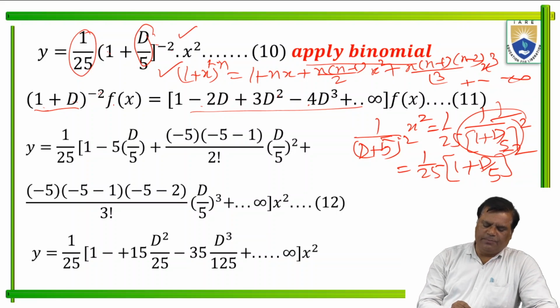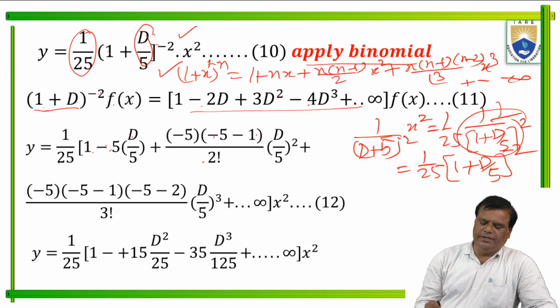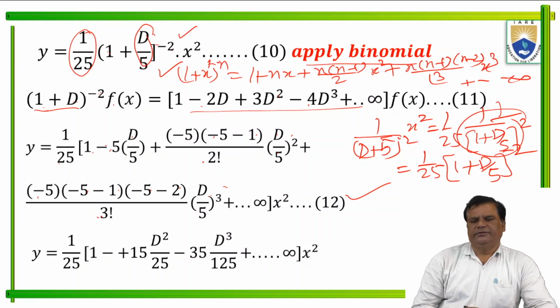So now here 1 upon 25, 1 minus n, that is 5, and D upon 5 n x, and n minus 1 upon factorial 2 into D is x square, and n minus 1, n minus 2 upon factorial 3 x cube, and plus this goes up to an infinite series.